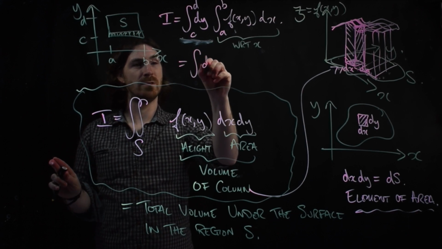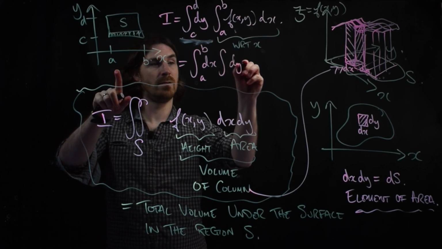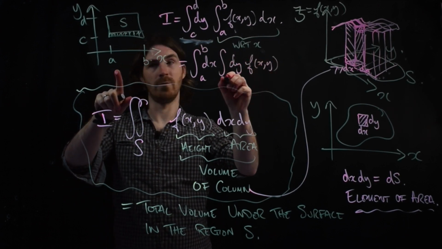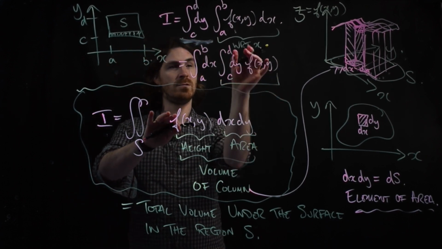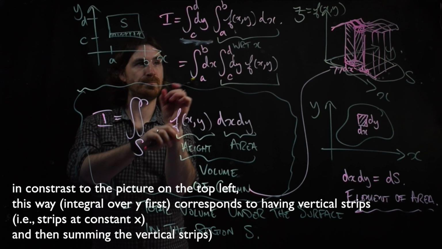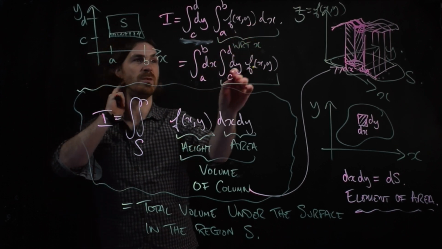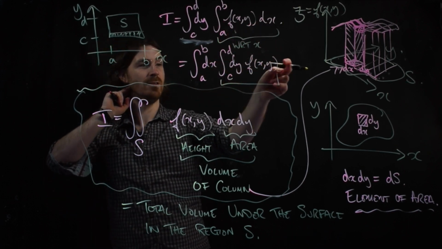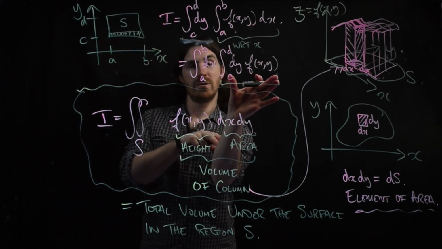This is equal to the integral dx from A to B, dy from C to D. So this integral is done first, and then this one. That's how you read this. It doesn't matter if you've got the dx in front or after, but it's the inner integral that's done first, and then the outer one.